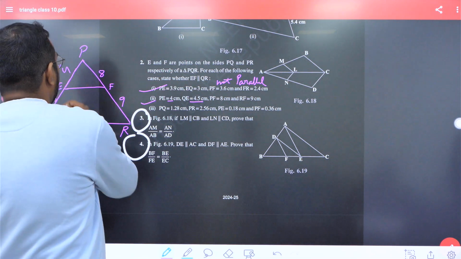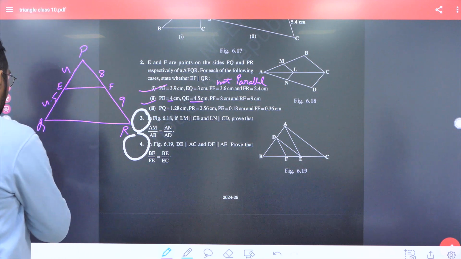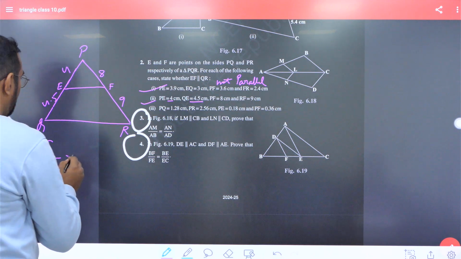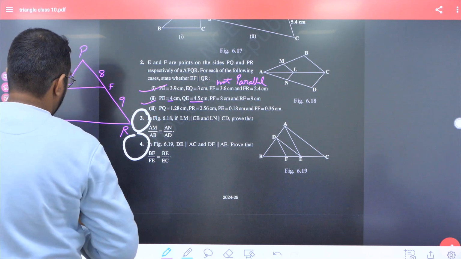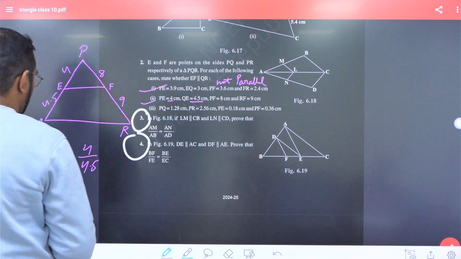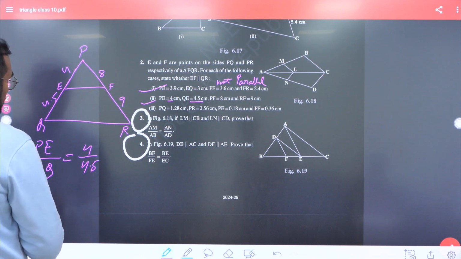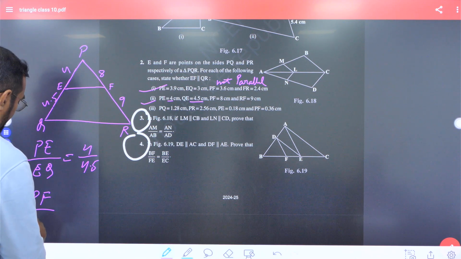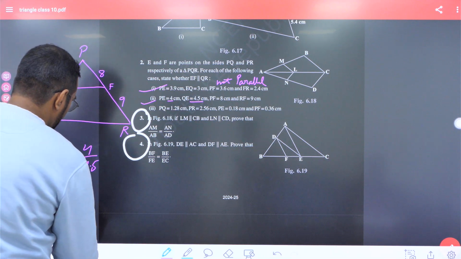Clearly we can see the ratios are equal. Here PE upon EQ is equal to 4 upon 4.5, and PF upon FR is equal to 8 upon 9.